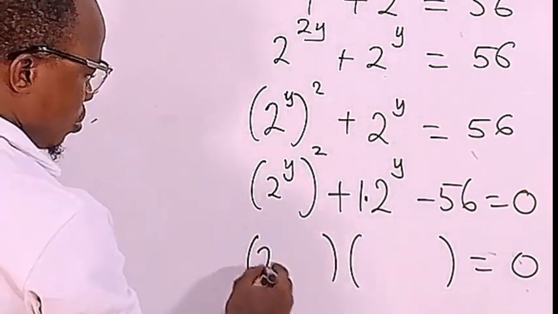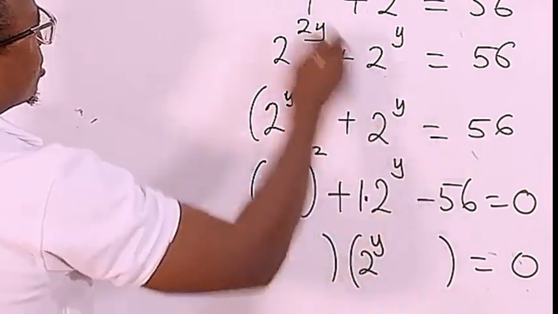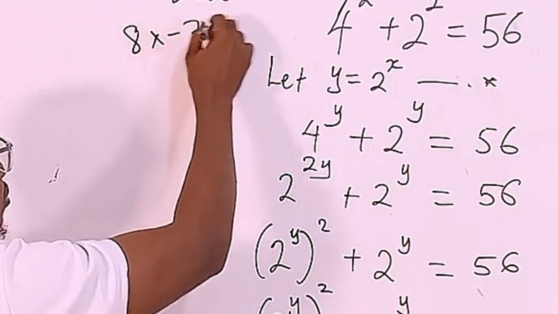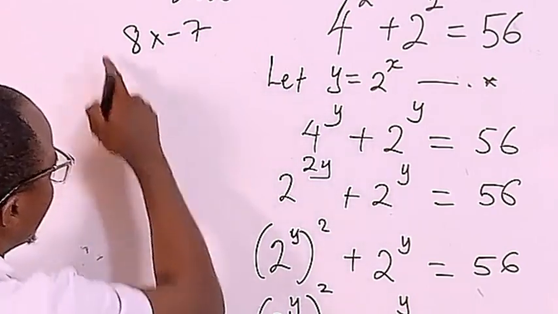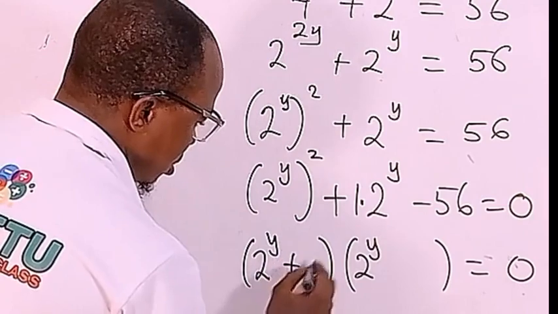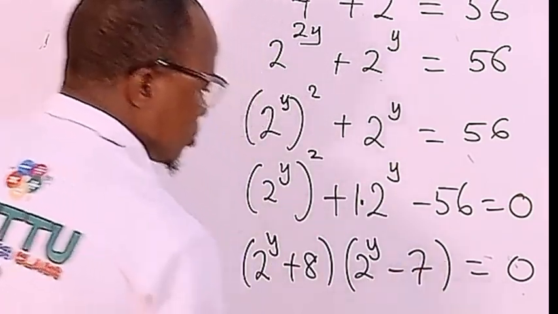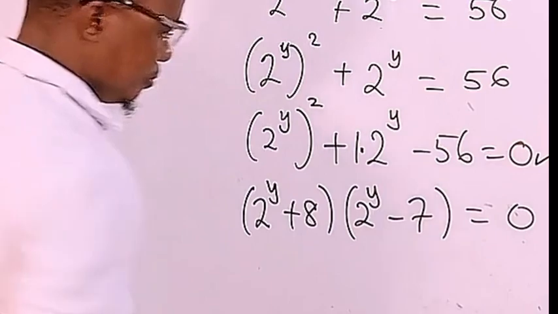So we're going to have 8 times minus 7, which gives us minus 56. So we have plus 8 and minus 7. If you multiply these, you still get the same thing.